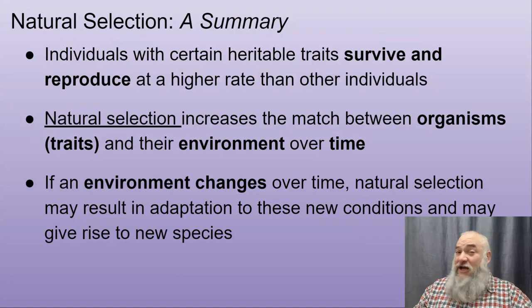So if the environment changes over time, natural selection may result in adaptation to these new conditions and may give rise to new species. The reason life is not static and it changes over time is because the environment changes over time. There's always change, which means there's always going to be some form of evolution.